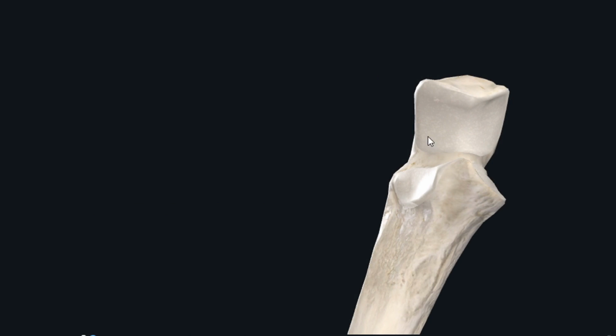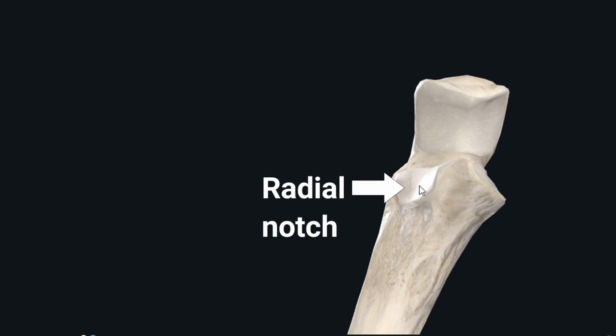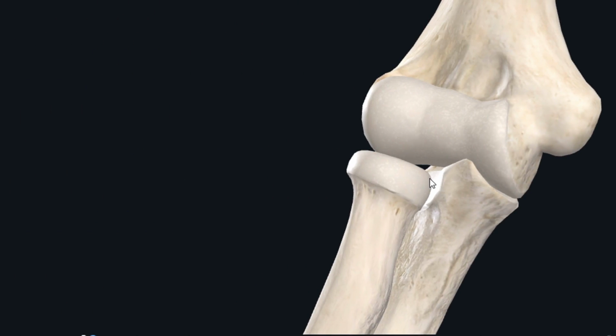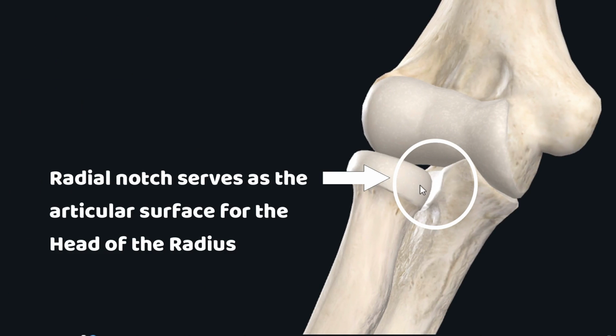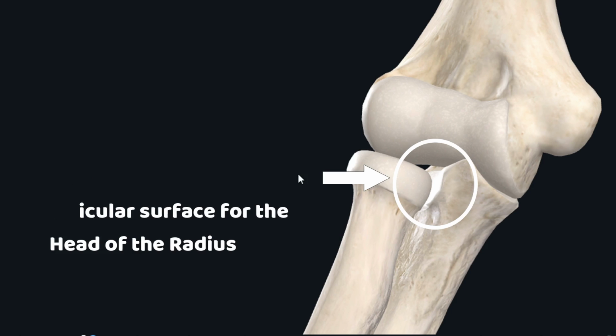Immediately distal to the trochlear notch, on the lateral aspect of the coronoid process, is this shallow, smooth notch known as the radial notch. It serves as the articular surface for the head of the radius, as you can see.